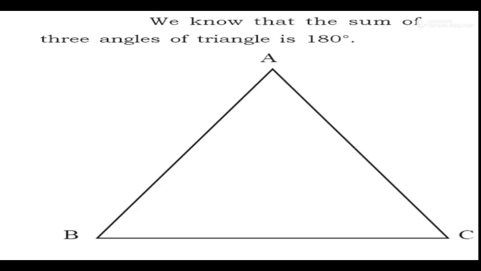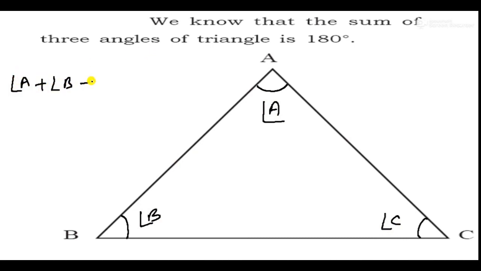Now the next property of the triangle: we know that the sum of the three angles of a triangle is 180 degrees. This is your angle A, this is your angle B and this is your angle C. So angle A plus angle B plus angle C is always 180 degrees.